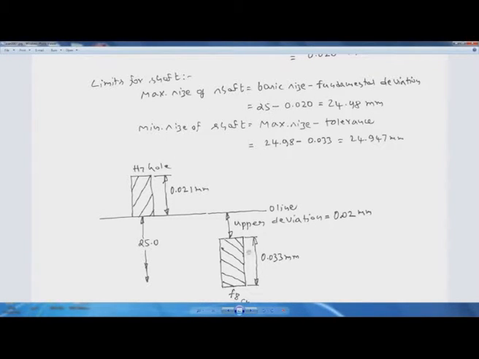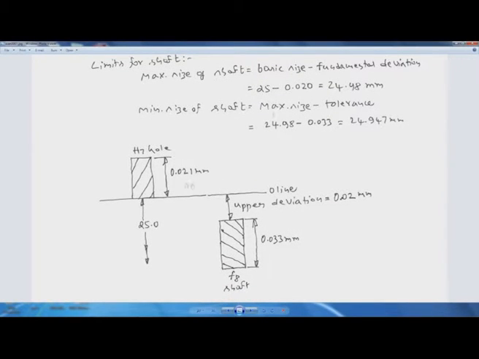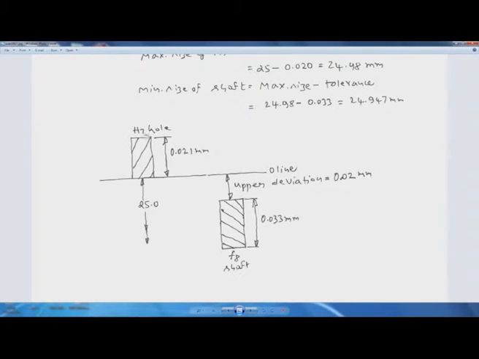When we deduct this upper deviation from the basic size, we get the upper limit for the shaft, that is 24.98 millimeter. In order to find the minimum size of the shaft, we have to deduct the tolerance value from the maximum size of the shaft, which gives us 24.947 millimeter.